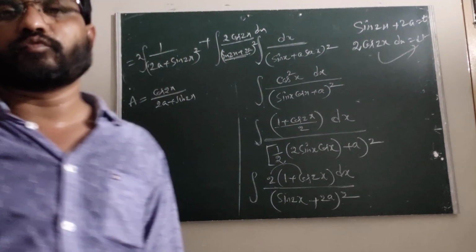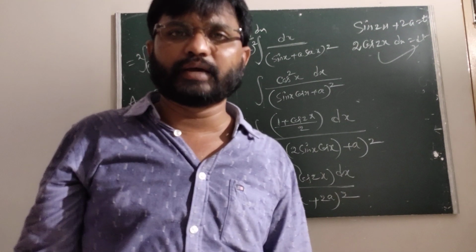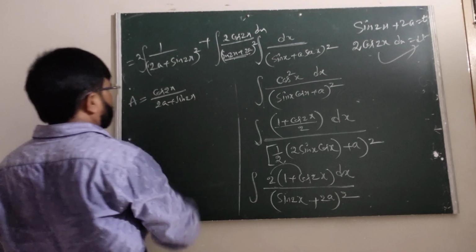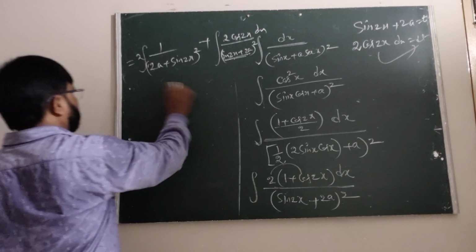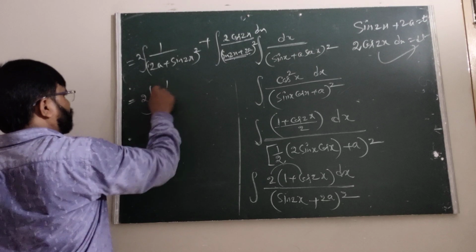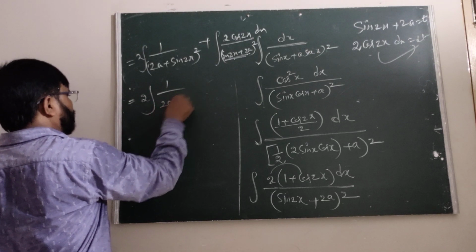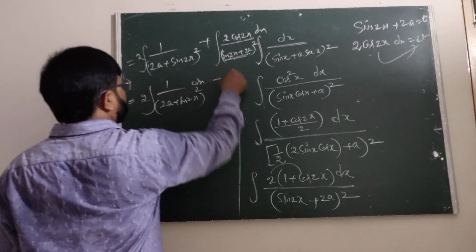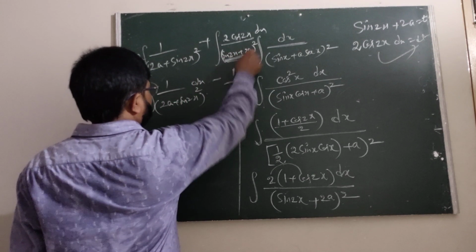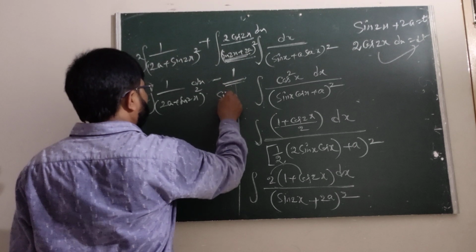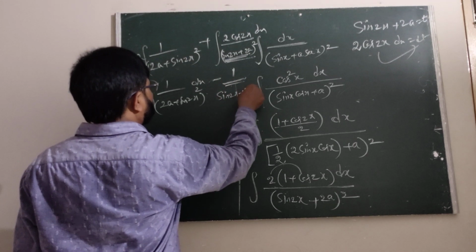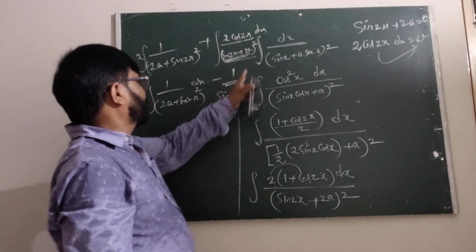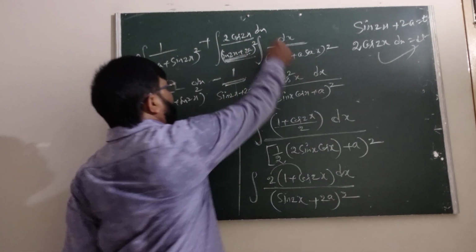The integral of 1 by t square is minus 1 by t. So 2 upon 2a plus sin 2x whole square dx is minus 1 by t, where t is sin 2x plus 2a. Integral of dt by t square is minus of 1 by t.